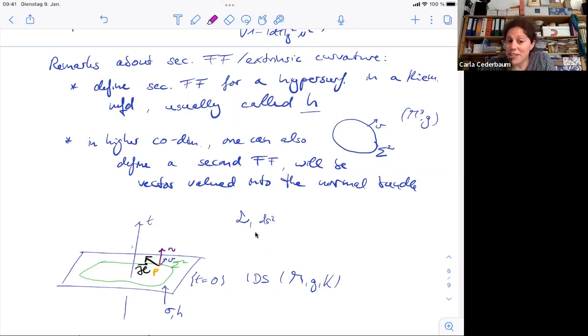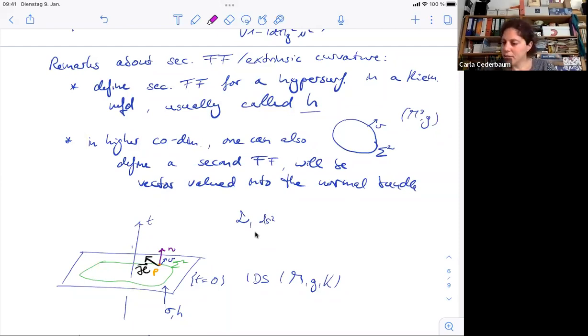And they always have to satisfy these constraint equations, and you now understand all the terms M, G, K, mu, and J coming up when looking at initial data sets. And we also understand geometrically, hopefully, what the K means, and also what mean curvature and second fundamental form are for two surfaces inside initial data sets and inside spacetimes.